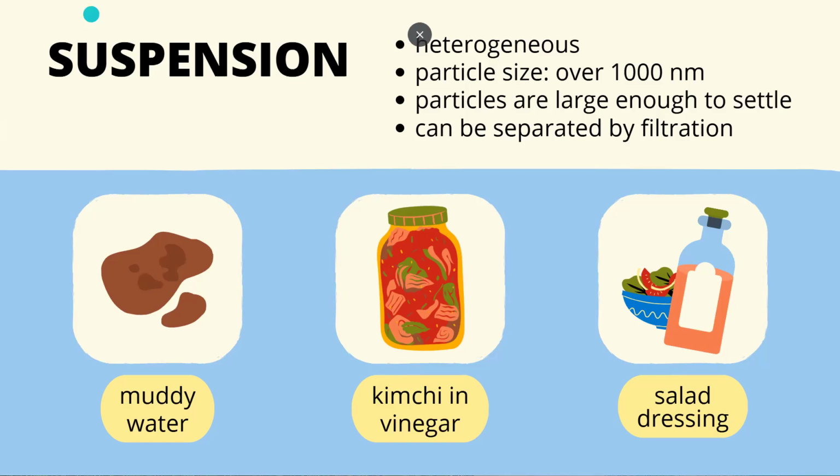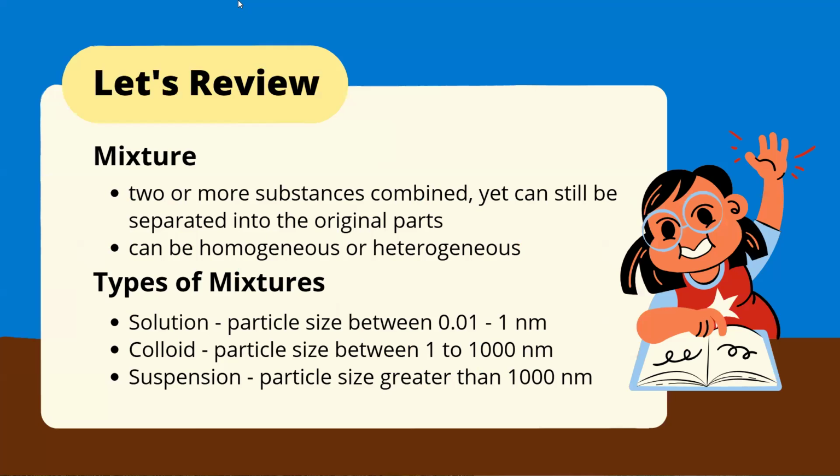So, let's review what we've been talking about. Can you see what's on the screen right now? Yes, sir. Beautiful. Let's read it. Can you read that for me? Yes, sir. All right, go ahead. Mixture is two or more substances combined, yet can still be separated into the original parts. Yes, beautiful. It can be homogeneous or heterogeneous.